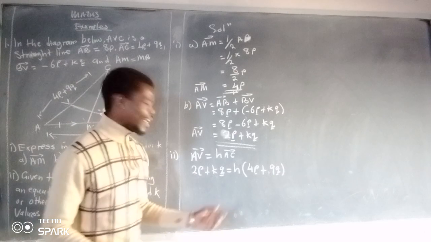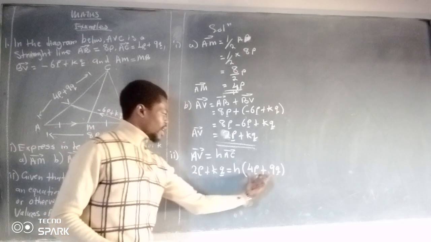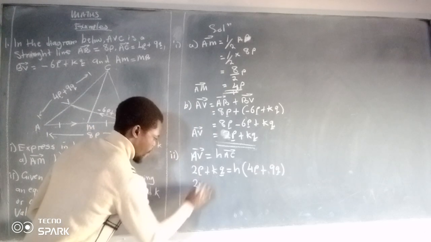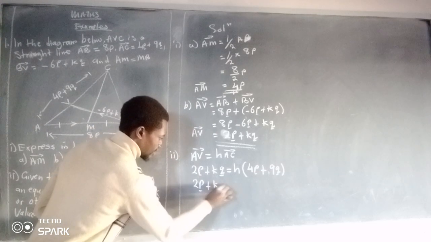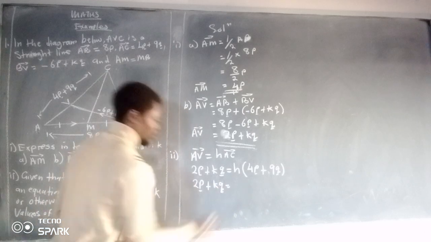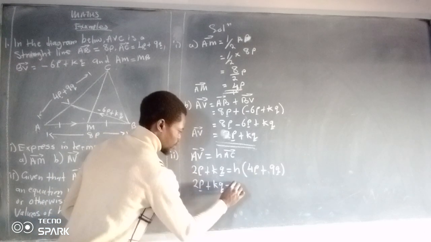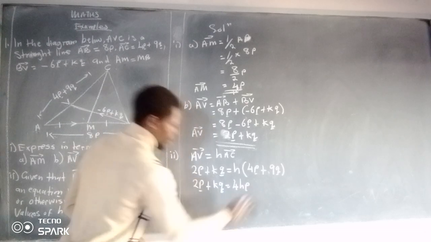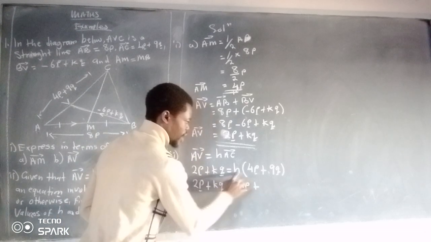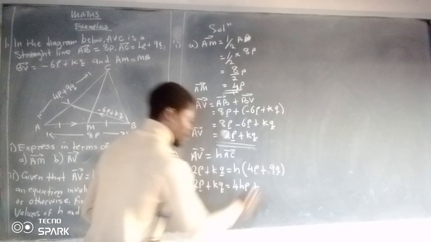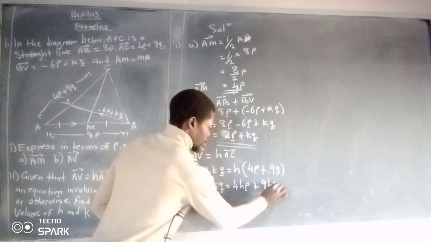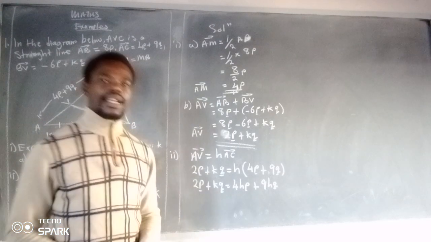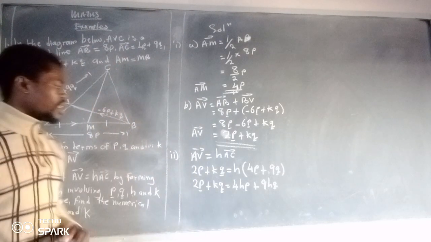So we multiply H by everything in the brackets there. So H times 4P will give us 4HP, plus H times 9Q, it will give us 9HQ. That is the equation that we have formed.